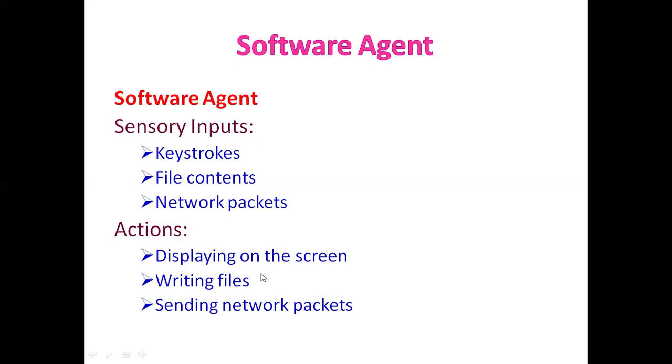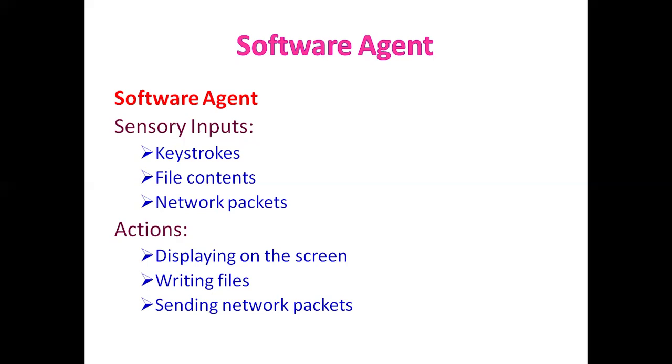Next, writing files is another action where the agent creates, updates, or stores data in files for future use, logging, or sharing. Sending network packets involves transmitting data over a network, enabling the software agent to communicate with other systems, send requests, or retrieve information.